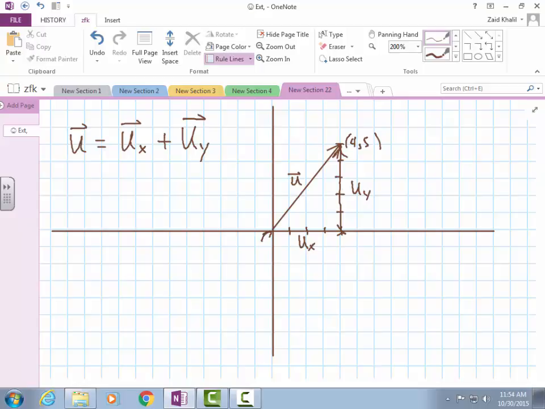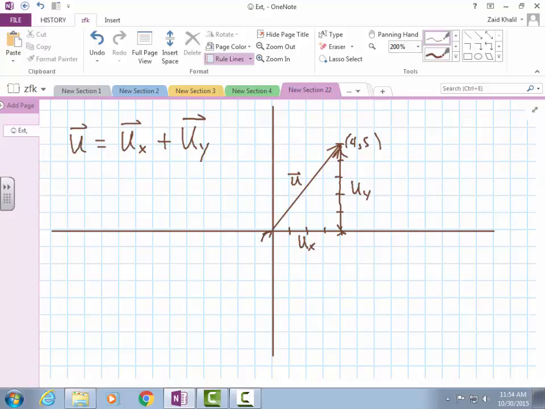And you can see why that's useful. In other words, if you take these two vectors, a vector that extends that way and a vector that extends that way, do those two vectors map all of 2D space? Yes or no? The answer is yes. Those two vectors map all of 2D space.